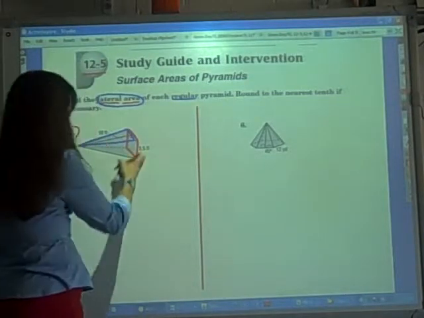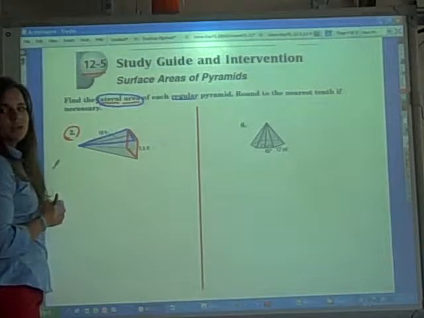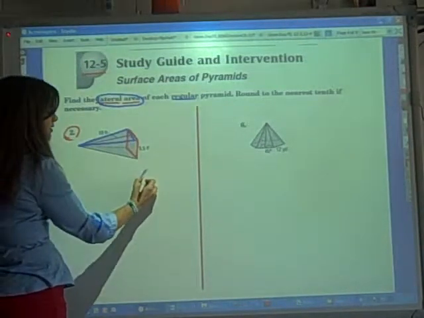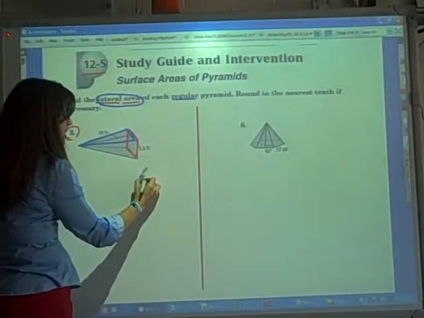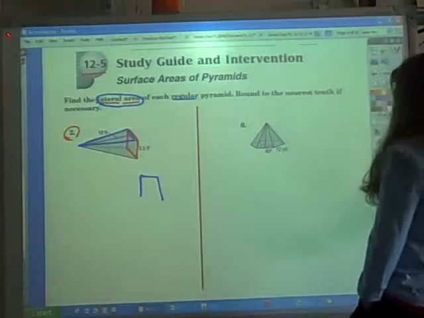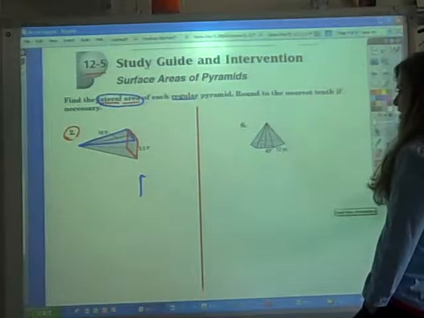Okay. All right, so take a look here at number 2. What is the shape of all of your lateral faces? They're triangles. I want to take a second here. This may help you to draw the net.